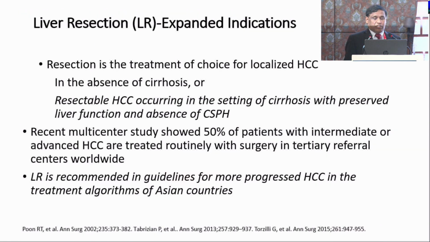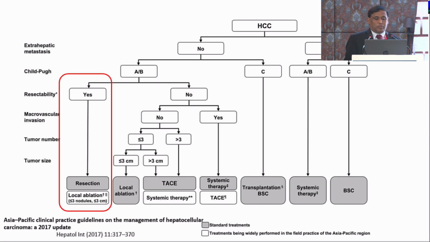So liver resection, now it's expanding. Resection is the treatment of choice in many areas. Especially we see in the data that more than 50% worldwide for intermediate and advanced HCC, they're routinely doing surgery in tertiary centers, and none of these are recommended in BCLC. So we have more work to do.